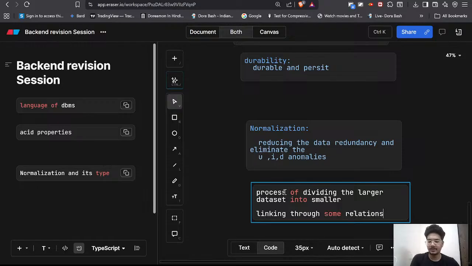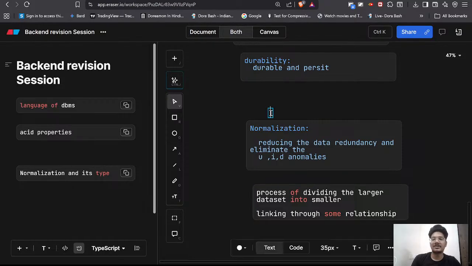In simple words, it is a process of organizing the database or data set.